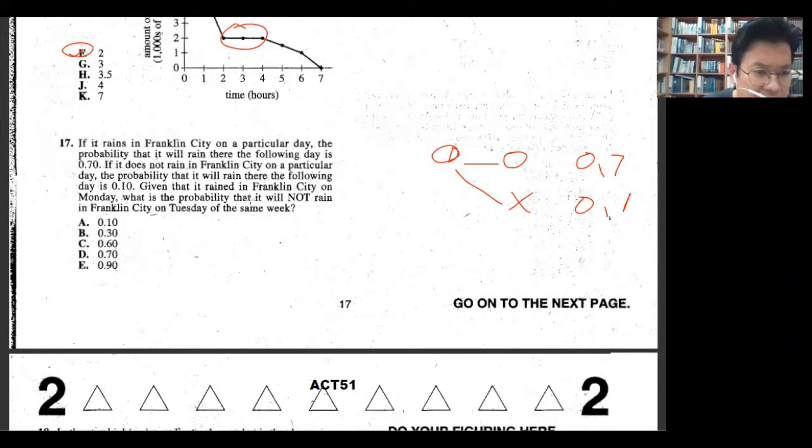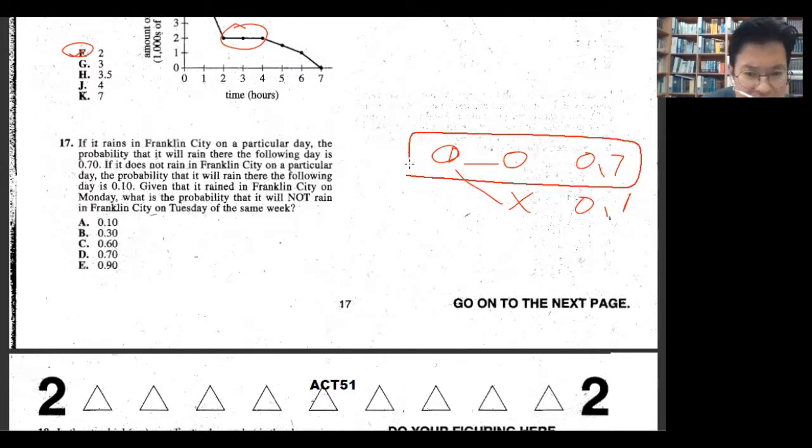Given that it does not rain on Tuesday of the same week. So rain is 0.7, then the same week.